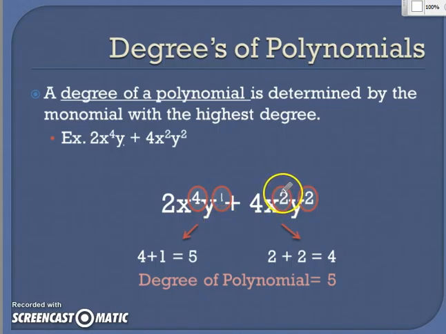My second term, if I add those exponents, 2 plus 2, I get 4. So you're not going to add 4 plus 5 to get 9. You're going to look at each term individually. And this individual term had a degree of 5, so then the entire polynomial has a degree of 5. You don't add the different terms. You only look at each term individually and find the degree of each one.